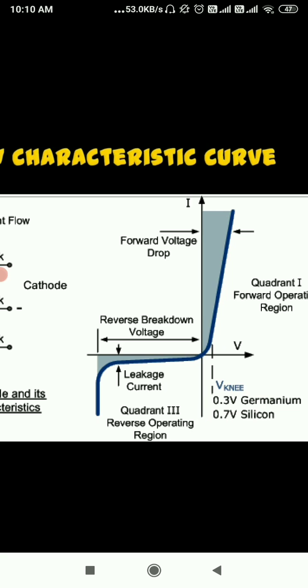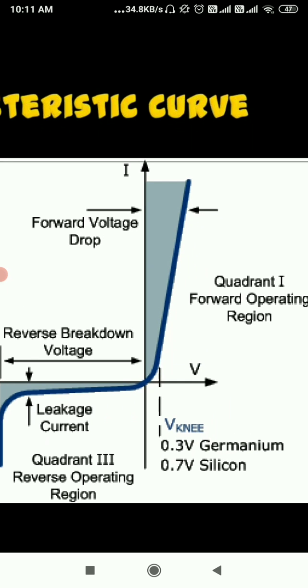And when we give forward or reverse biasing to the PN junction diode, in forward biasing you will get a large increment in current, due to which we can use the diode as a switch. If there is a question in the exam like the best application of a diode, we can use a diode as a switch, and we can use a Zener diode as a voltage regulator.